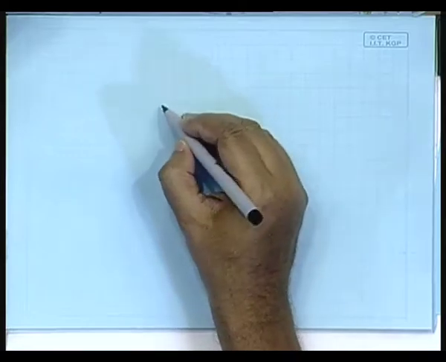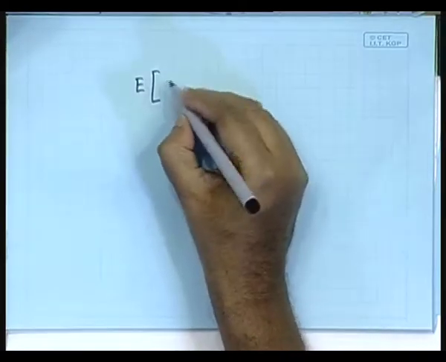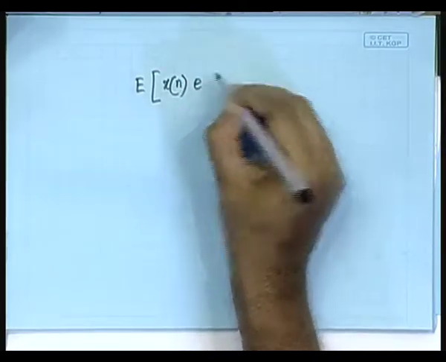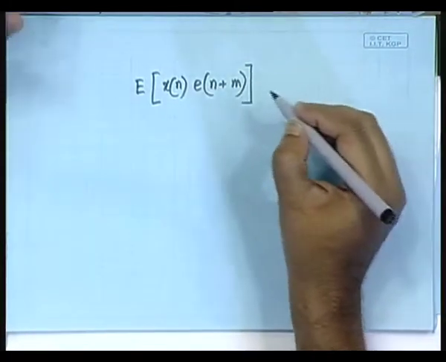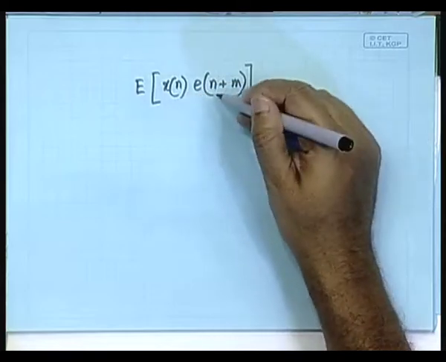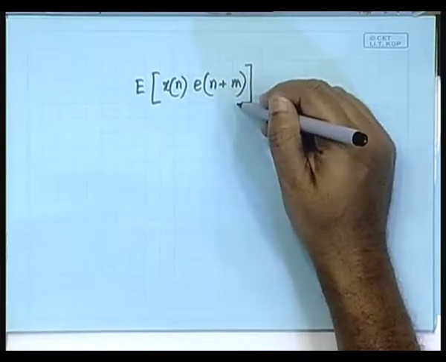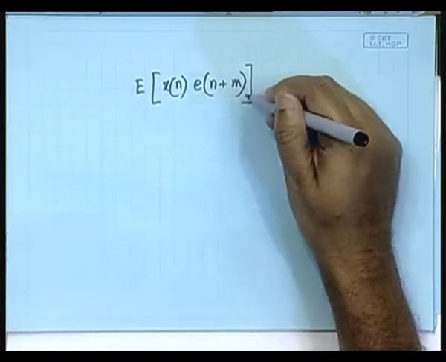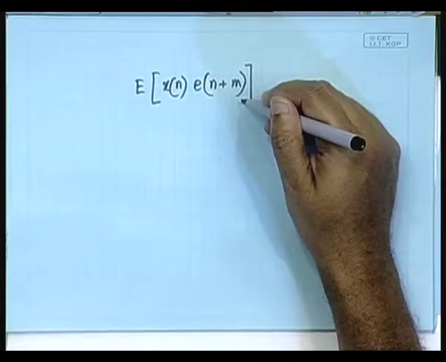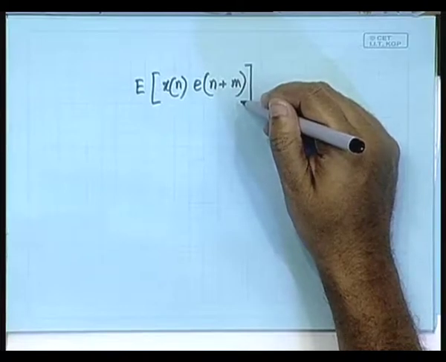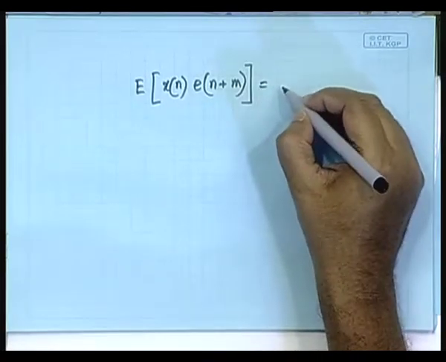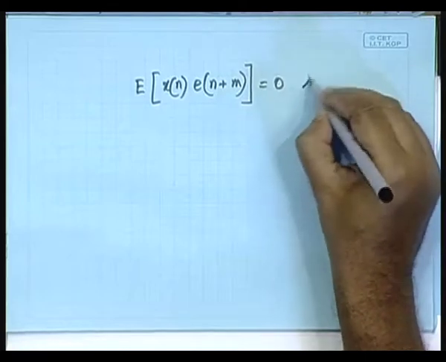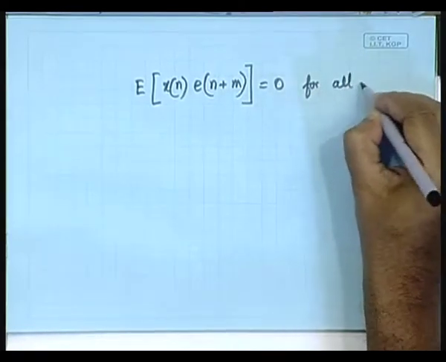So, we can write the correlation property as the expectation of x of n into E of n plus m, for any m. So, we take the signal and this is the quantization noise component for the n plus mth sample. But because we already said that the quantization noise is uncorrelated with the input signal, its value is going to be equal to 0 for all values of n and all values of m.